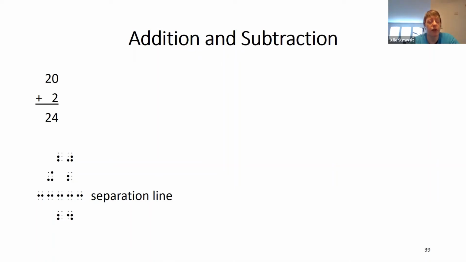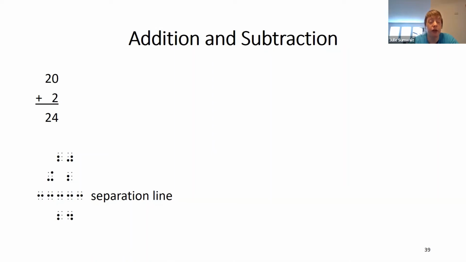So 20, then 2, that plus sign that's there in print needs to be 1 cell to the left of the widest component above the separation line. In this case, it's 20, 2 digits long. So we have to have the ones digits lined up and the tens place lined up. And that plus sign needs to be out of the way.